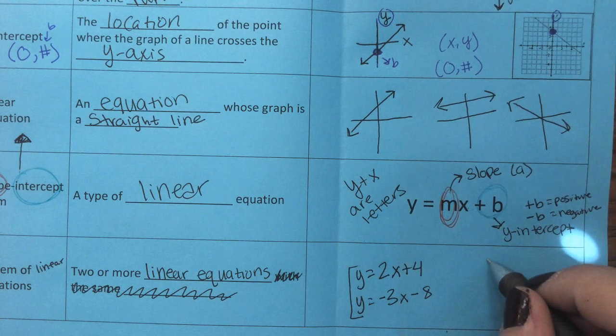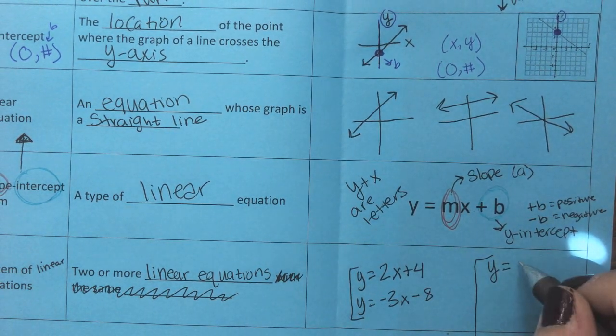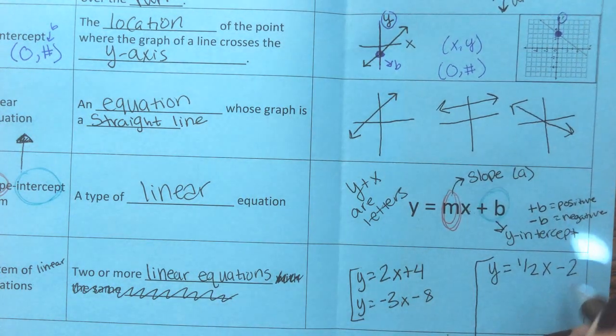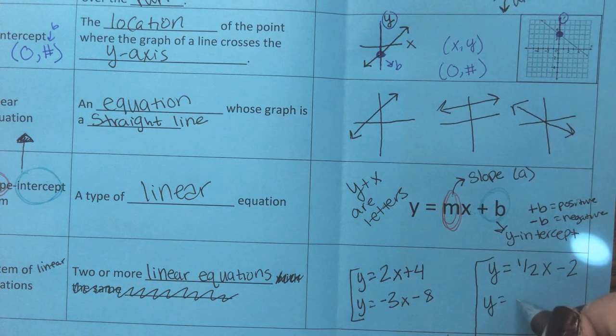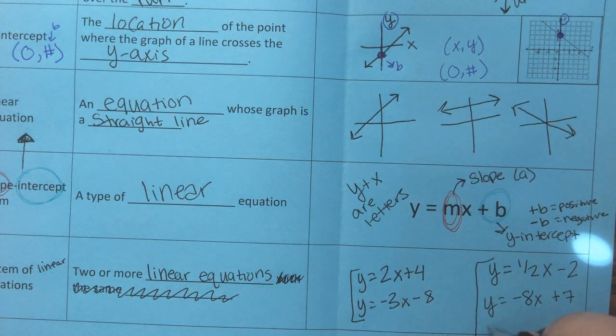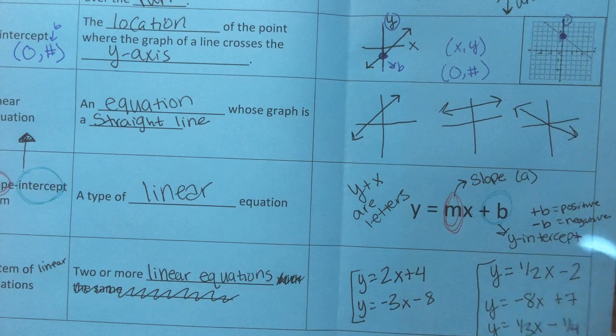So another system of linear equations, I could say y equals 1/2 x minus 2, we could say y equals negative 8x plus 7, you could say y equals 1/3 x minus 1/4.